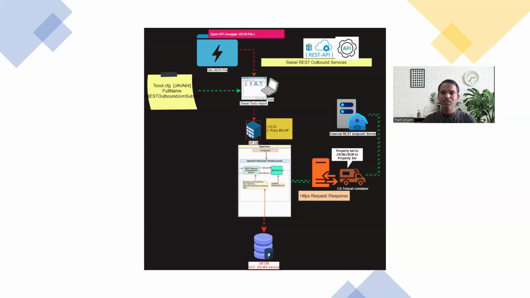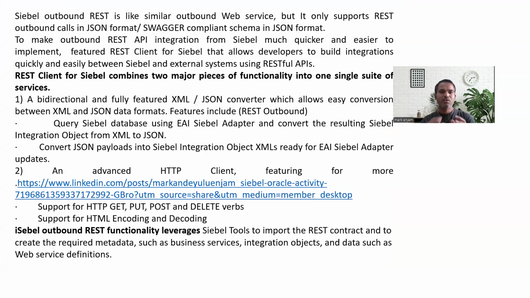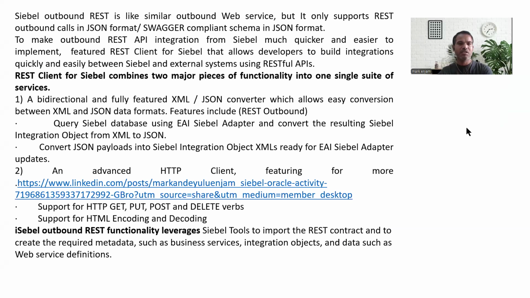You can see the proxy JSON format, and the JSON property set will be converted to the XML system REST services. Outbound REST is similar to outbound web services. You can see the bidirectional flow: REST API works and queries the data using Siebel, converting the result to the integration object from XML to JSON.